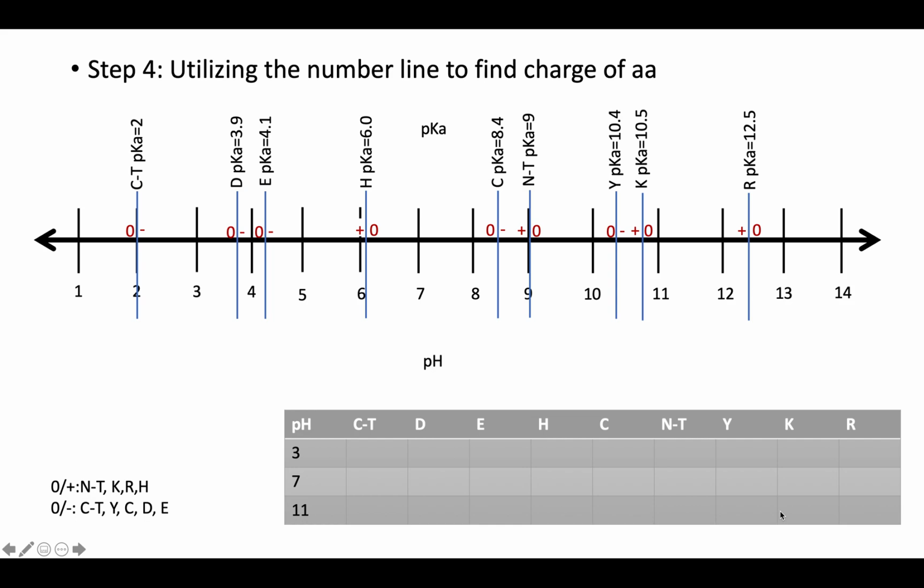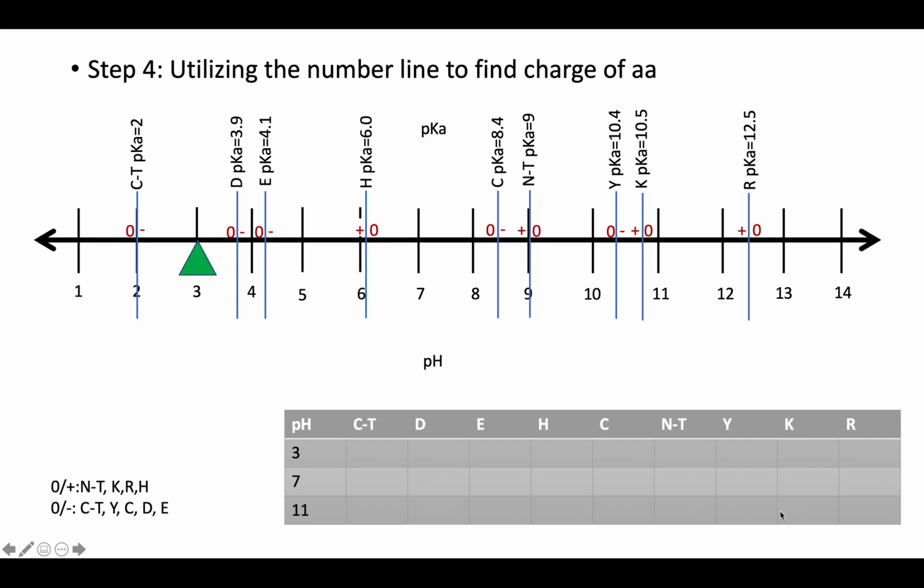So let's look at 3 different pHs. And these are just for all the charged amino acids. You will not be using all of these amino acids for every single peptide that you do. So at a pH of 3, we're going to mark where the 3 is, and normally when I do this on an exam, I just use my finger.